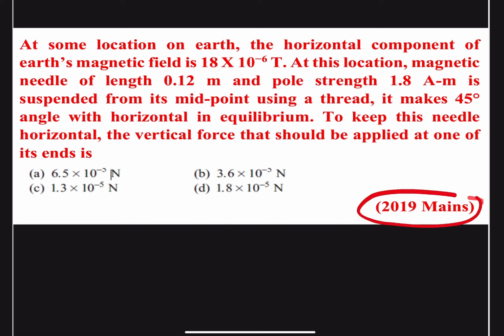So first of all, let's find out the effect of the Earth's magnetic field. We calculate the vertical component of the Earth's magnetic field, and suppose that is given as BV.